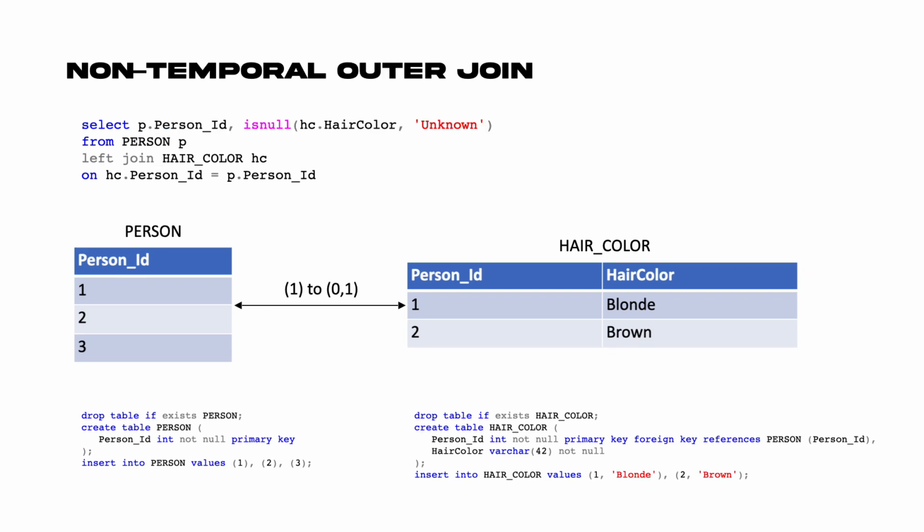We also have a variant of this one, which is if in the hair color table you're not guaranteed to have a row for each of the rows in the person table. As you can see here in this example, for person number 3, we're missing the hair color in the hair color table.